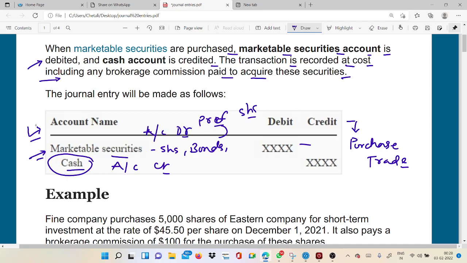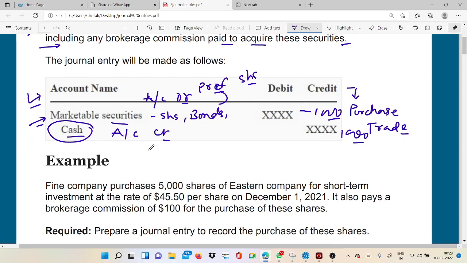The price would be, let's say, whatever the trade amount is. This is how we prepare the accounting entries. Then what would be the accounting entry for a sale? It will be exactly reversed.